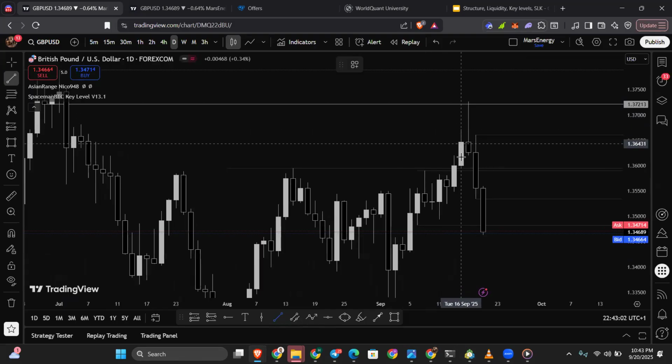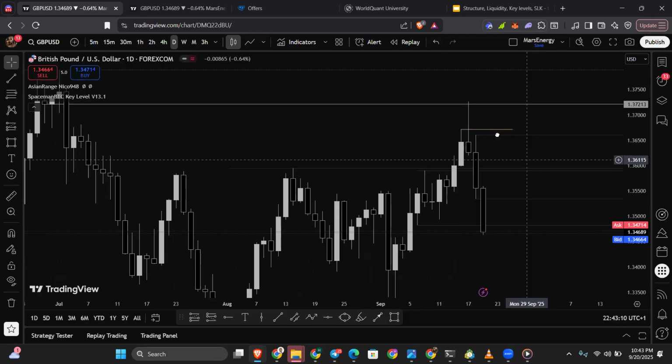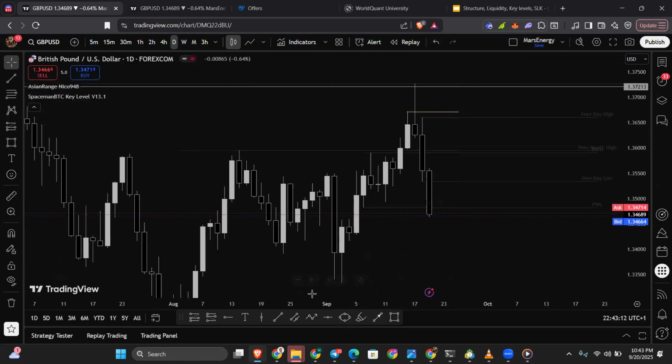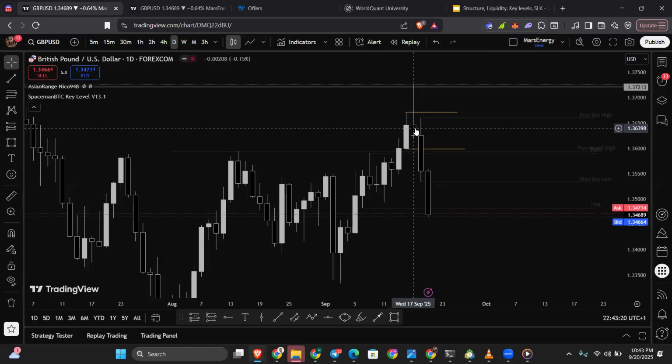This is a previous day high. This is the high of Tuesday. This high of Tuesday, price swept it, right? So the main price swept this high of Tuesday. Technically, the place you expect price to come is here. So that means on Tuesday, oh sorry, the Wednesday candle swept Tuesday.